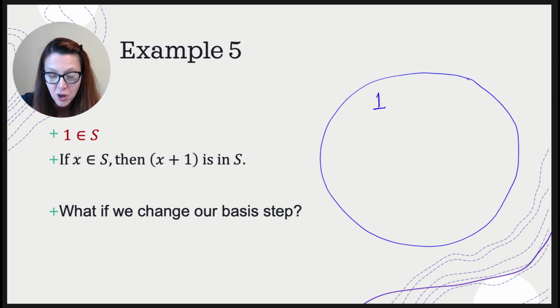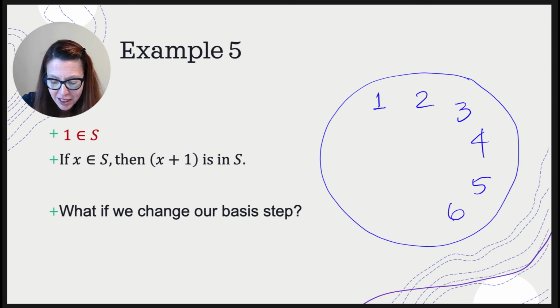So I start from 1. At each iteration, if I have a number x in S, then I'm going to make sure that x plus 1 is also there. So I'm going to build it out in the same way, but I end up with everything that I had before minus the 0.